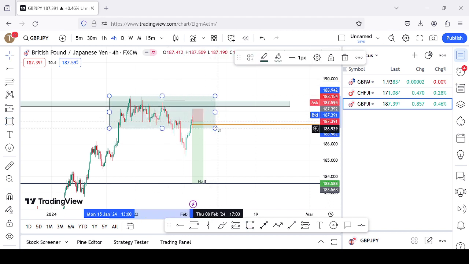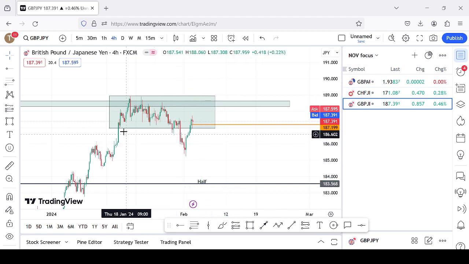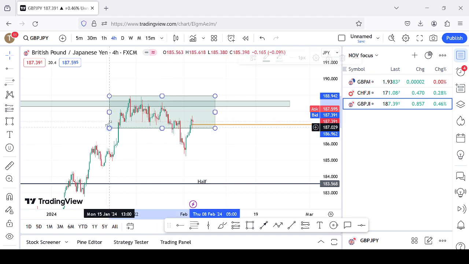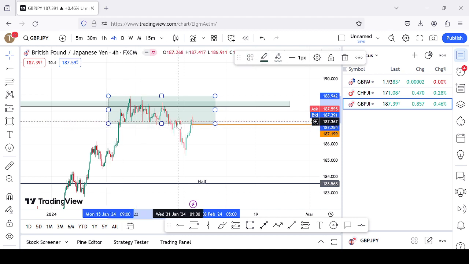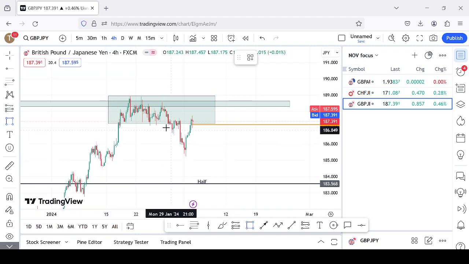I had this consolidation and it broke out and it retested. You can see it retested almost close to the previous support out of consolidation, and it went down. This actually did not complete my entire pattern, but it will probably complete.